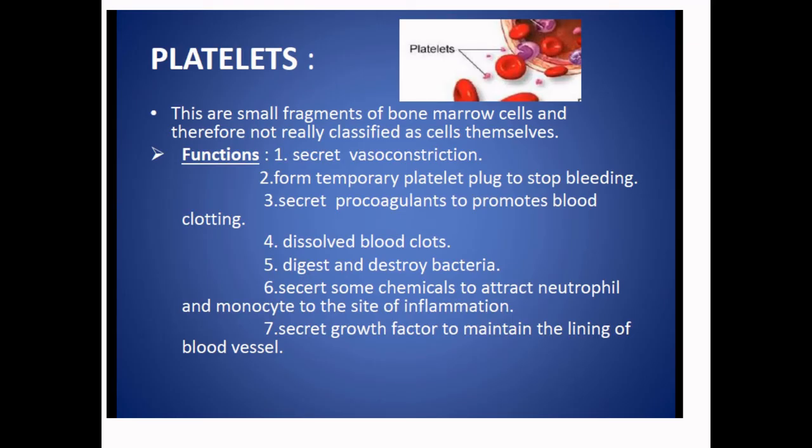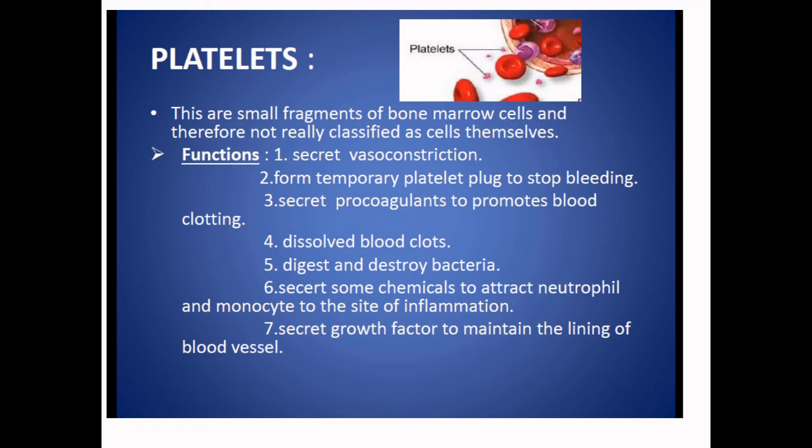Functions: they secrete vasoconstrictors, meaning the platelets are responsible for constriction of vessels, veins or capillaries during any wound condition. Because of this vasoconstriction they form a temporary platelet plug to stop bleeding at a particular wound. They also secrete procoagulants to promote blood clotting.